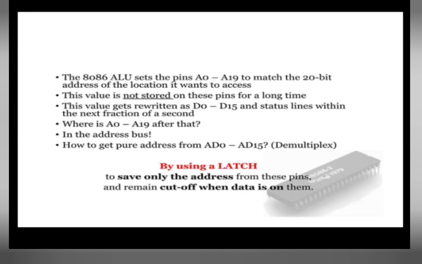The status lines, in a fraction of a second the next instructions are executed, where A0 to A19 is the actual address bus. The address bus is cleaned, purified from the demultiplexers. A0 to A19 is the exactly purified address from AD0 to AD15.